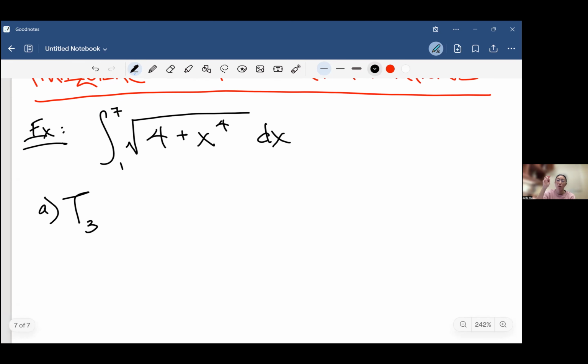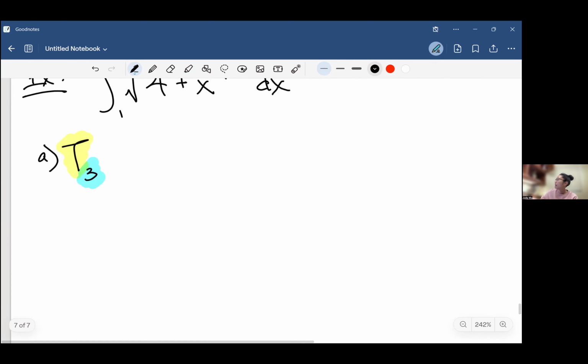What that means is I want 3 trapezoids, okay? So it's really important that we look at the number here that tells you how many sub-intervals, and then the T will tell you you're using trapezoidal, but if I had an S, that means that you're using Simpson, okay?